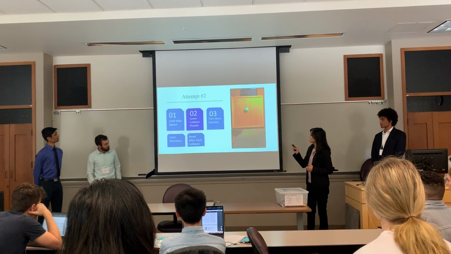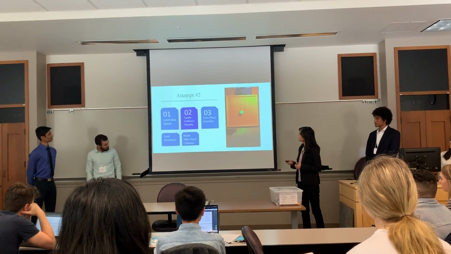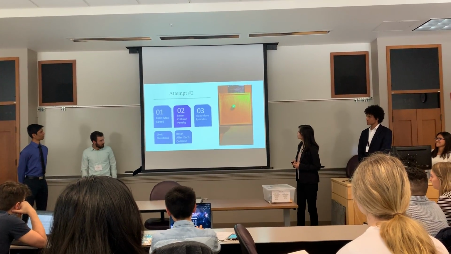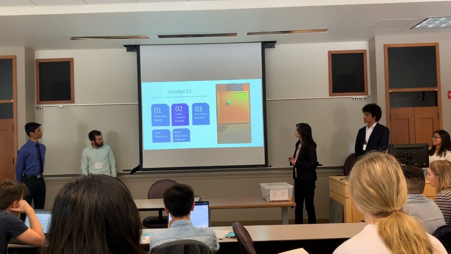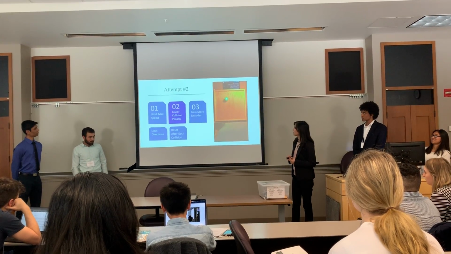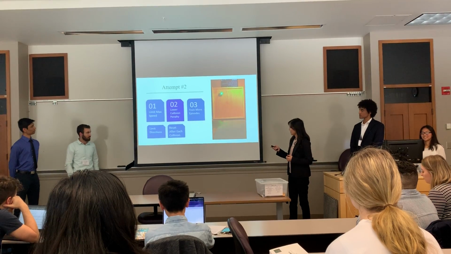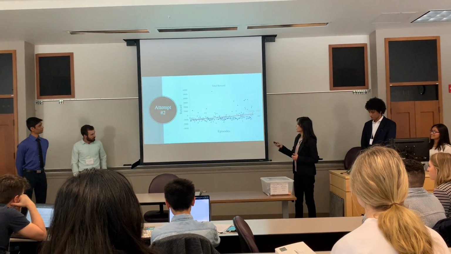And here's the video of the latest results. As you can see, the squirrel is moving around, getting more positive rewards while trying to avoid collision, which is a good sign to see. And here is our data.